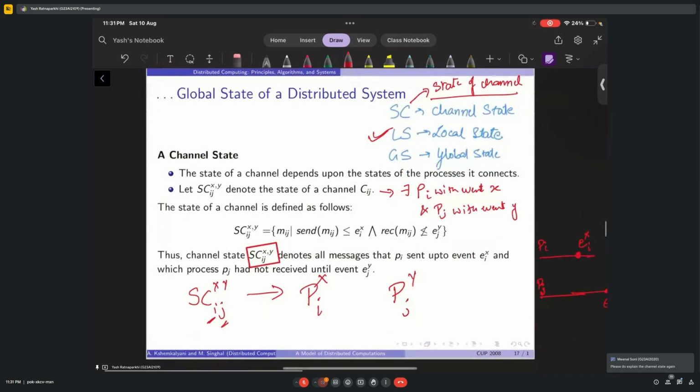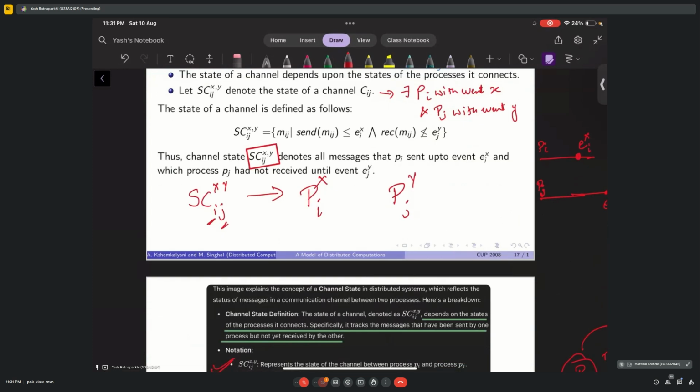Channel state again. What is this channel state? Basically, the channel state is the state of the channel from Pi to Pj, SC_ij, with x and y. There are two processes, Pi and Pj: this will be i and this will be j, and x and y are the counts for these processes. The event on process i with count x is causally dependent for the event on process j with count y.